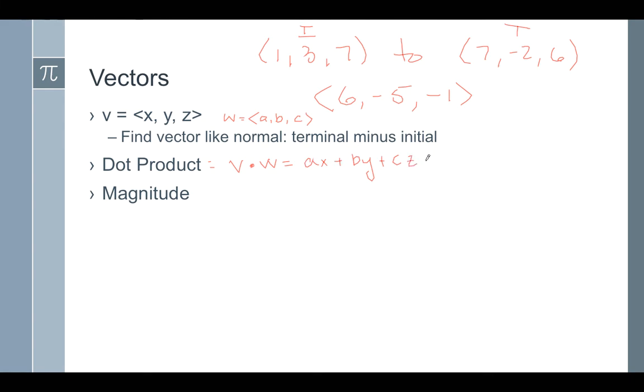So I'm multiplying the three components together and then adding them together to get a constant, a single number. The magnitude of v, you've got to remember those straight bars, not absolute value technically, is equal to the square root of the x coordinate squared plus the y coordinate squared plus the z coordinate squared. Nice and simple.